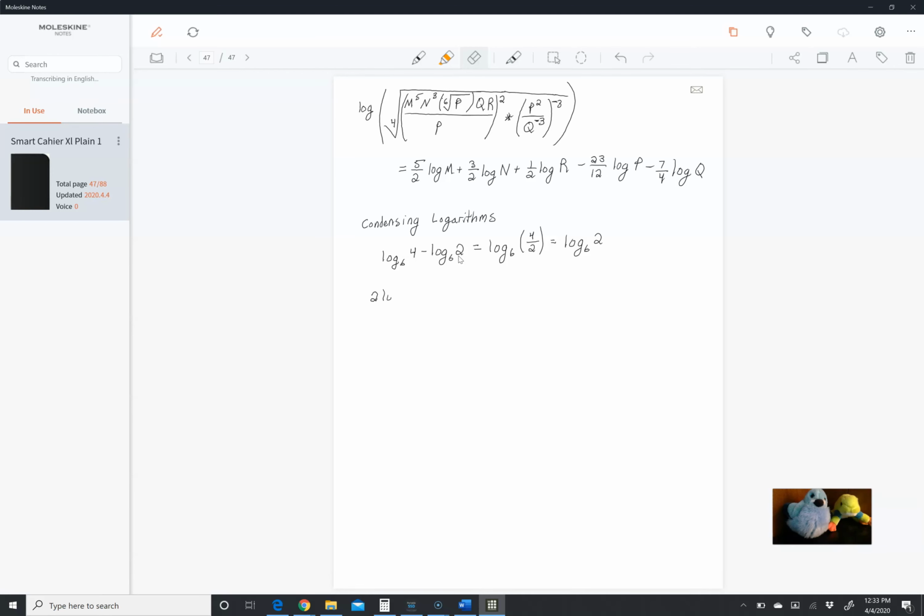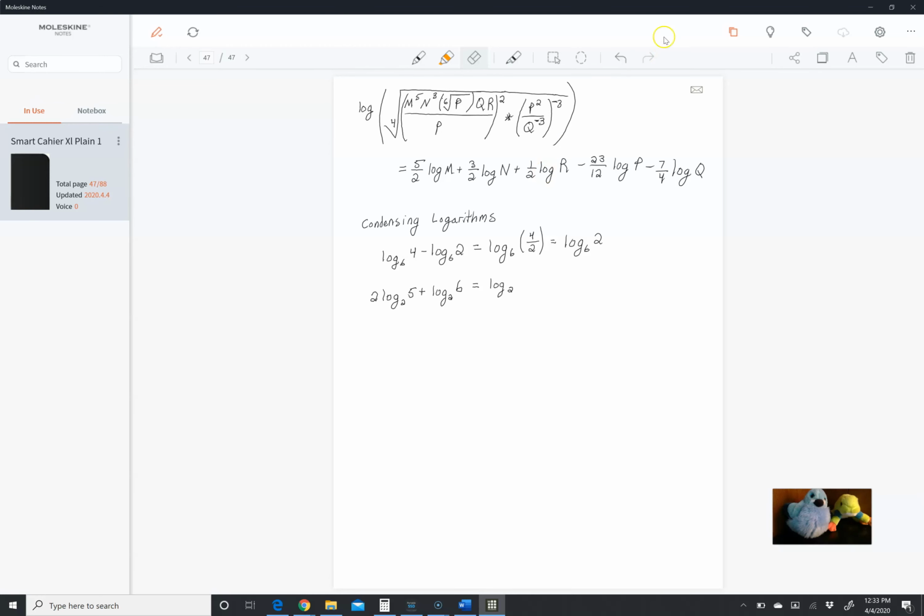Let's say that we have 2 log base 2 of 5 plus log base 2 of 6. Well, in this case, both logs are positive, so both would go into the numerator.